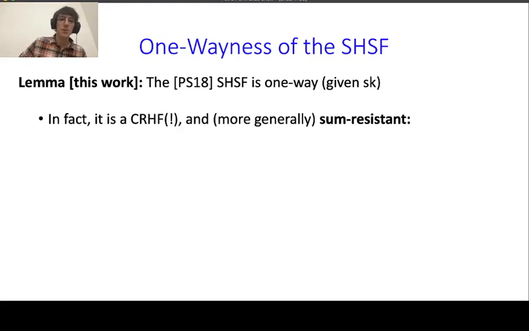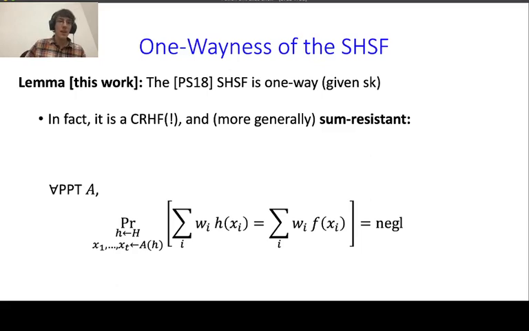In fact, what we end up showing in order to get the results for multi-input correlation intractability is that it's actually a collision-resistant hash function, and more generally satisfies this property called sum resistance, which just says that it's computationally hard to find distinct inputs x1 through xt such that any pre-specified weighted linear combination of the hash values is equal to 0. Sorry, the slide has a mistake.